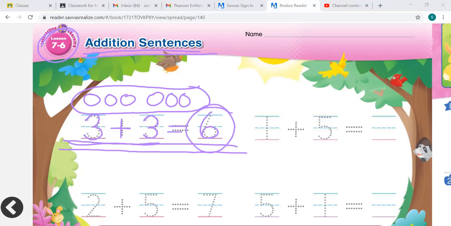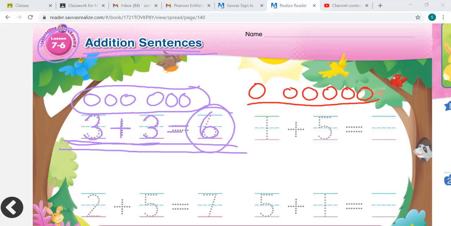All right, let's do another addition sentence right here. Let's say one bunny is hiding, and then there are 5 bunnies eating grass. So let's write counters showing 1 bunny and another group showing 5.